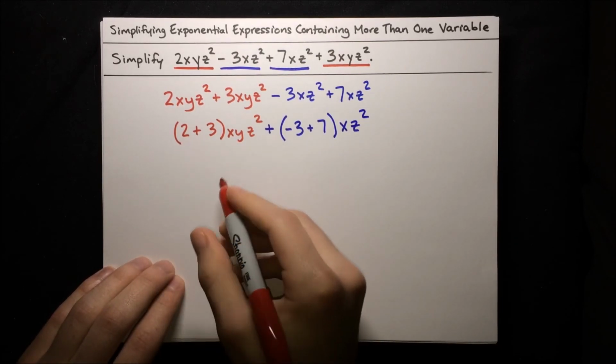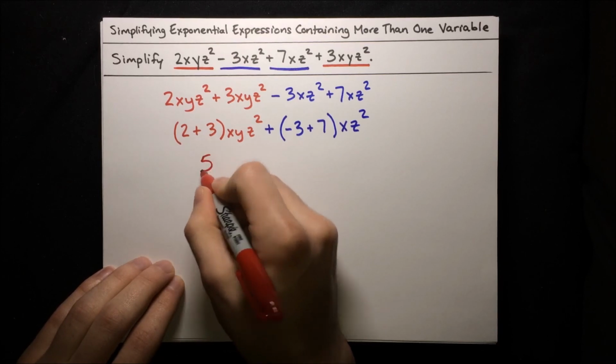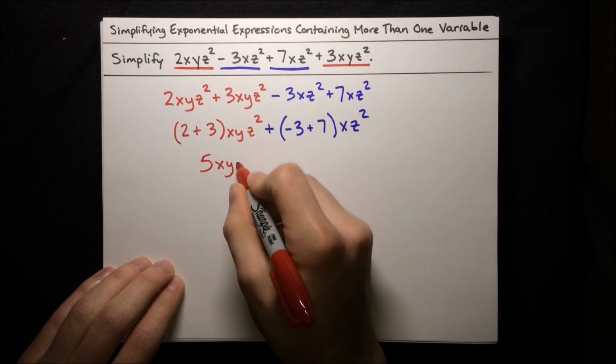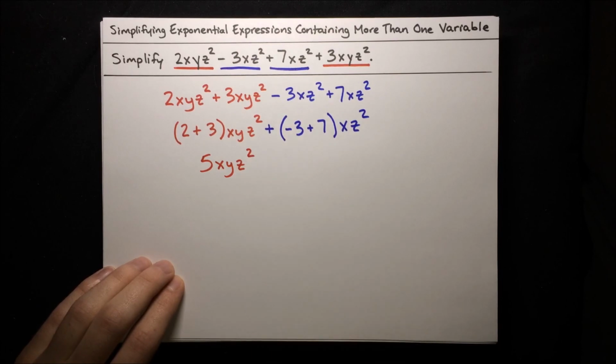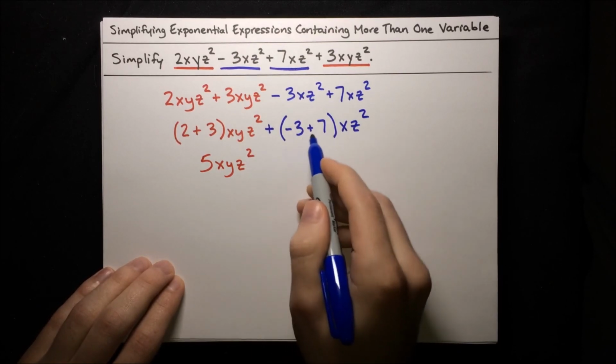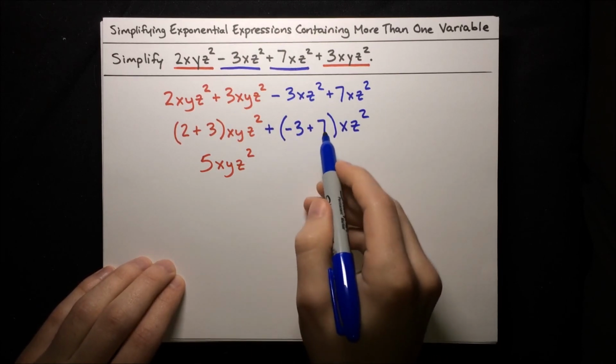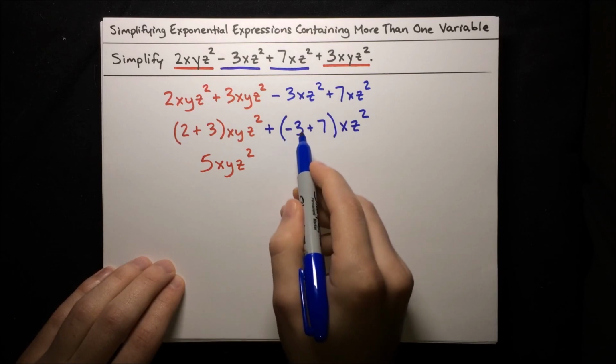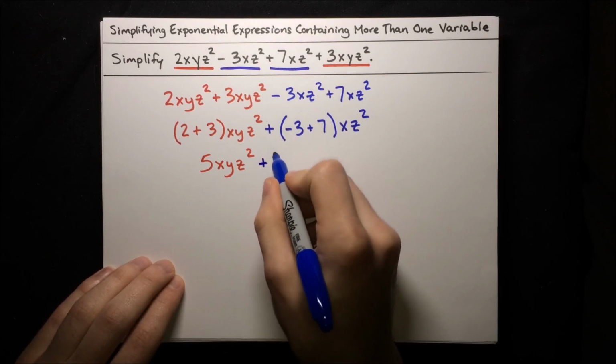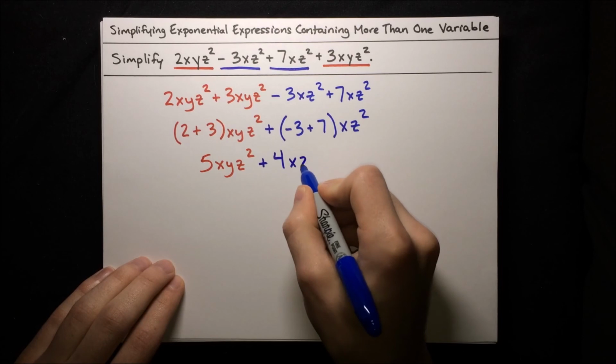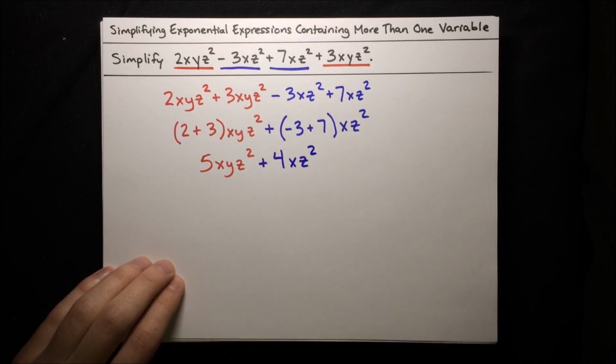So 2 plus 3, that is just 5, so 5xyz squared, and then negative 3 plus 7, that's a bit trickier to add, but that's really just 7 minus 3, which is just 4, so plus 4xz squared. And there we go.